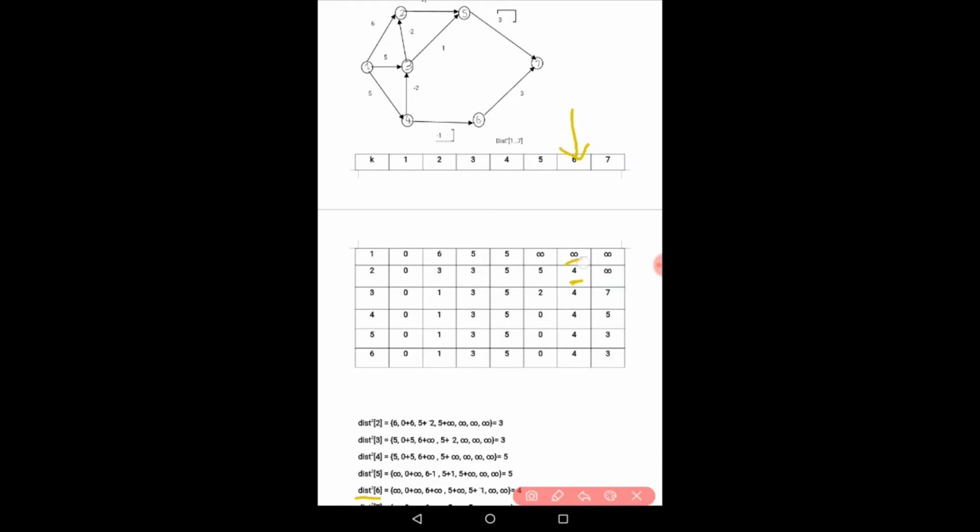That is previous row value of this node first I will write here, that is infinity. Then from all the remaining vertices 1, 2, 3, 4, 5 and 7, I will write their previous row value plus the distance from that node to the current node. That distance from that node to the current node we have to find from the graph.